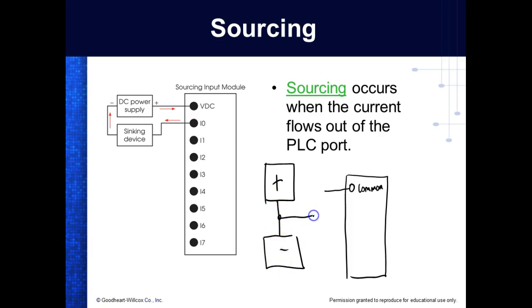And then we can share a common, and it'll come back to its source. So this is the way the trainer is laid out. If you ever look at the trainer, you got a plus DC, and then you got a common, which they refer to as ground. So even the trainer uses that term incorrectly.